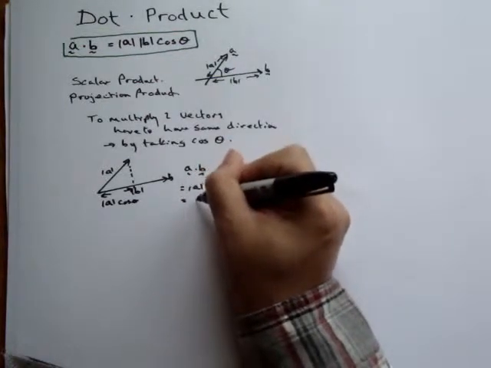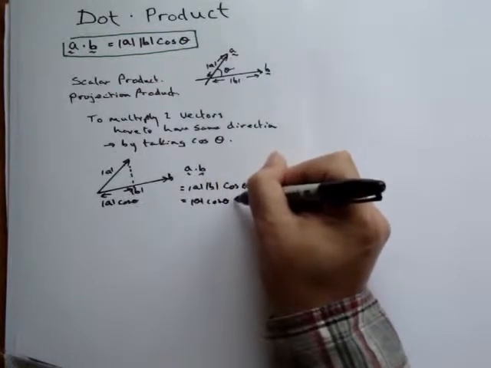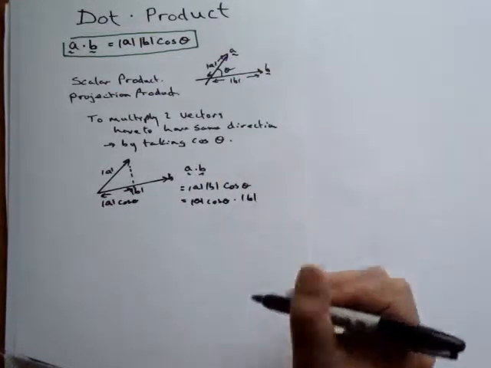And similarly it can be A cos theta multiplied by the magnitude of B.